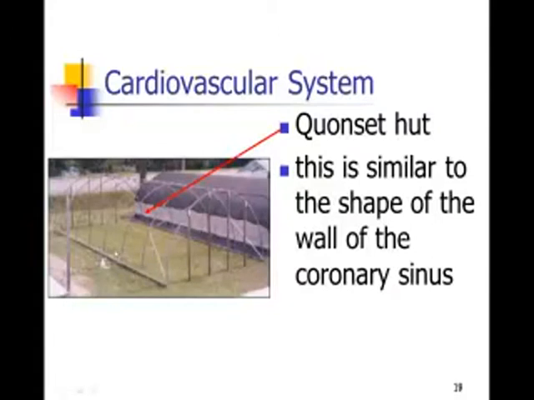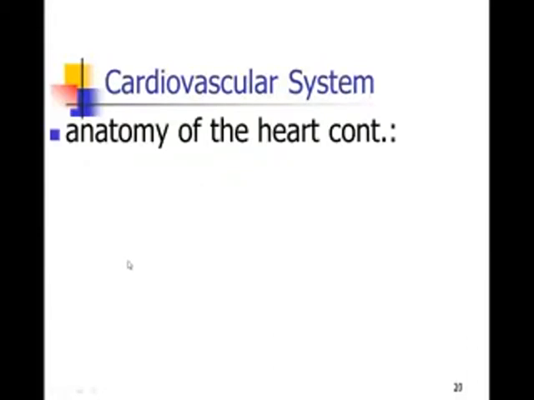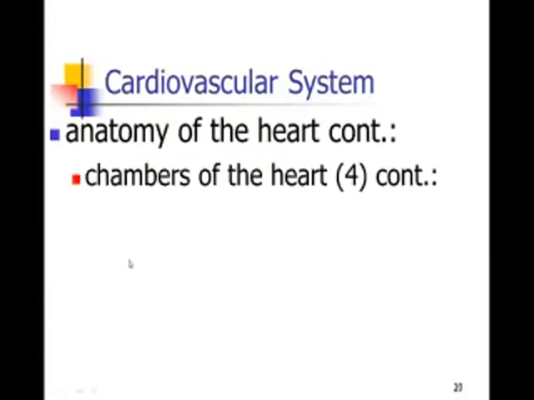So a Quonset hut would be installed wherever there was a floor already. In this case, the grass is the floor. So in the heart, the Quonset hut sits like a roof or dome over the coronary sulcus, and the coronary sulcus is the floor. Well, at least the part of the coronary sulcus. Okay, it doesn't go all the way around the heart.